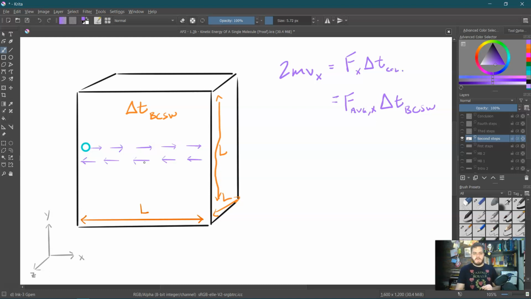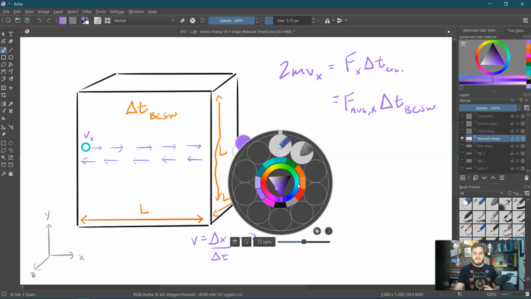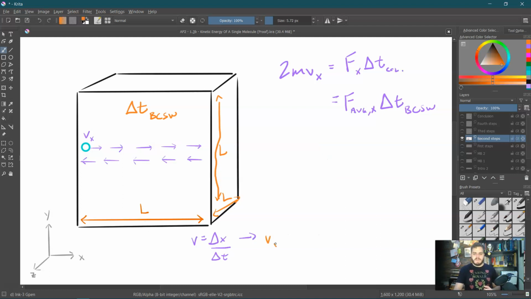Okay, now from here, let's do one more thing. So I have length L, I have delta t between collisions of a single wall, and remember, this particle is moving at some Vx. Well, I can relate these three together using our standard old velocity equation. That velocity is equal to delta x over delta t. But I'm going to change this up a little bit. I'm going to say that the v in the x direction is equal to, well, it's going here and back, so that's going to be 2L over this whole time, delta t between collisions with a single wall.